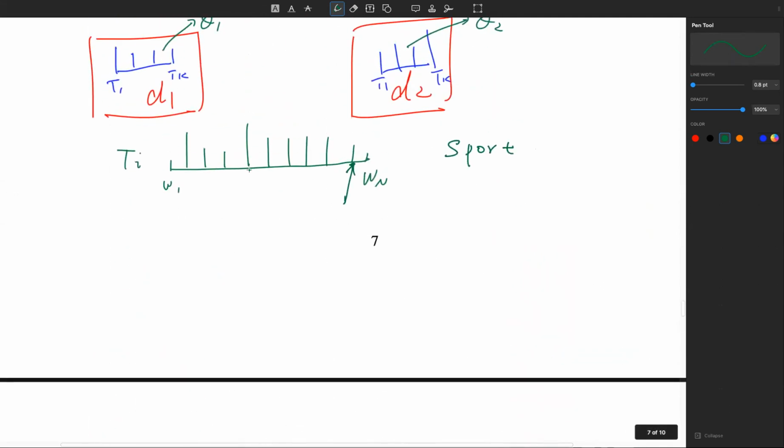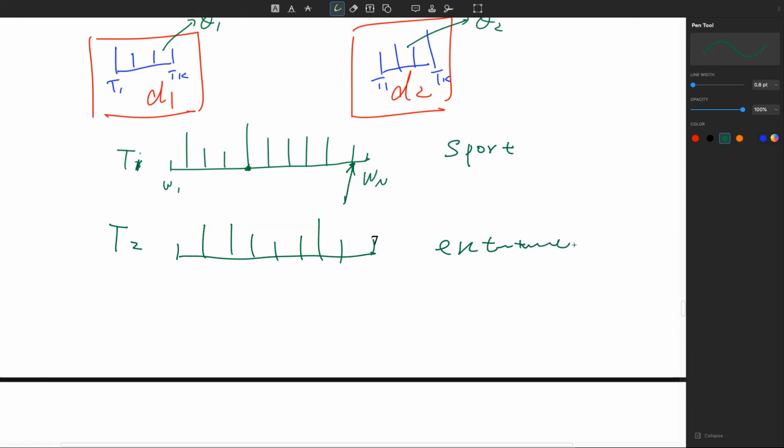If the second topic is entertainment, then a pop star will have very high probability, whereas a sports star will have a very low probability. Yes, but then again, these days, sports stars and entertainment stars are actually the same thing. Let's just take this for illustration purposes. You get the idea.